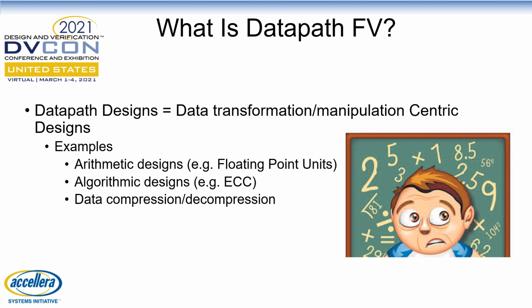There could be algorithmic designs such as data compression, decompression, error correction codes, address translation, tiling algorithms, media enhancement algorithms. All these designs fall under the category of arithmetic designs, which are called datapath designs.